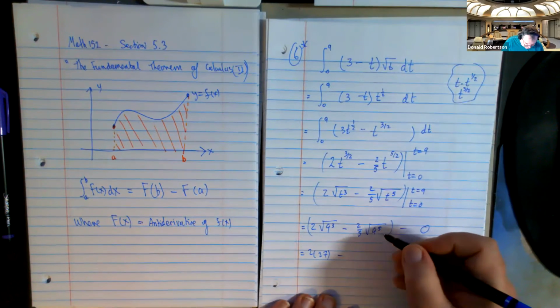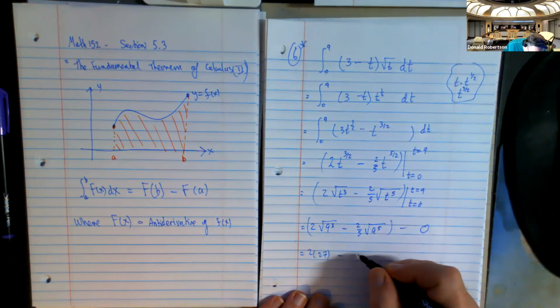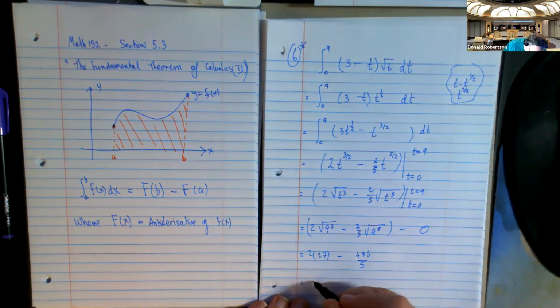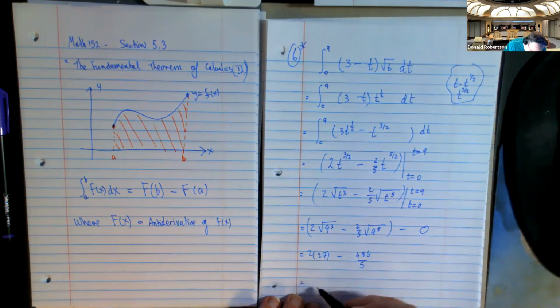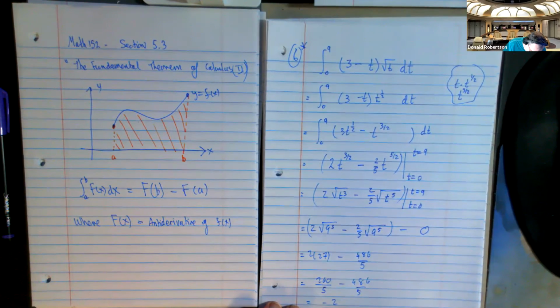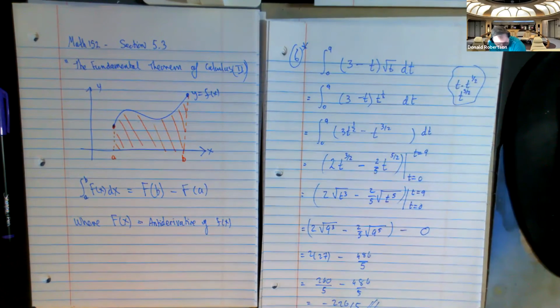And this one becomes 3 to the power of 5: 3, 9, 27, 81, 243. 2 times 243 is 486 over 5. And 54, if you turn it into fifths, is 270. Take away that guy. And that's negative 226 fifths. Don't quote me on that because I'm doing it all in my head.